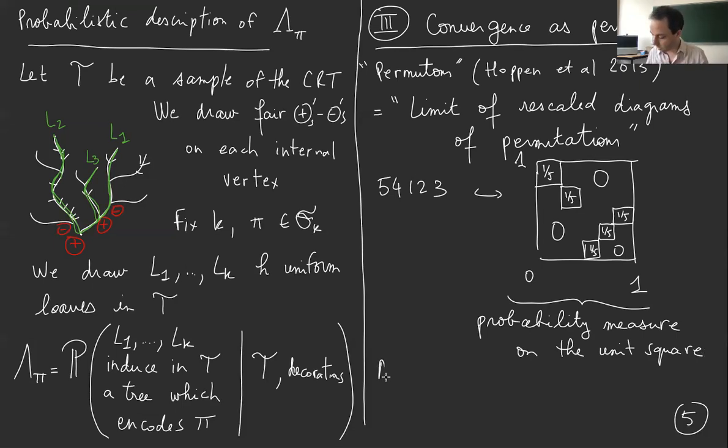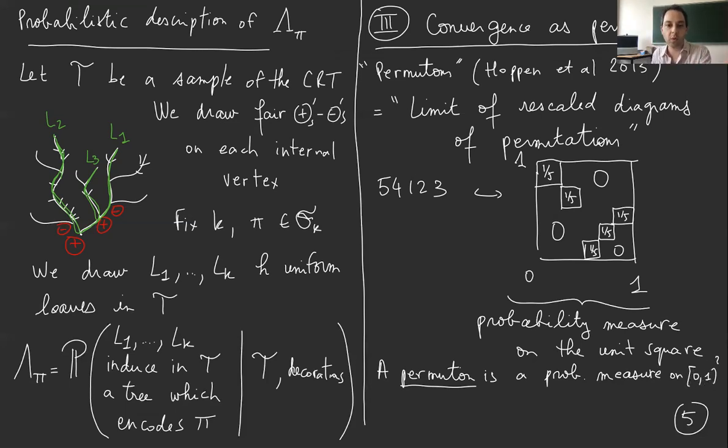Okay, so more generally, a permutant is just a probability measure on the unit square.